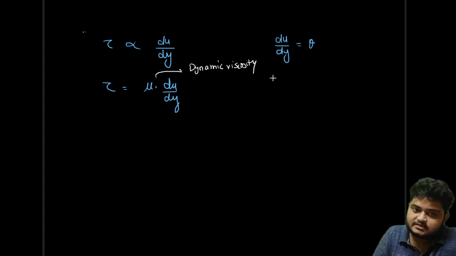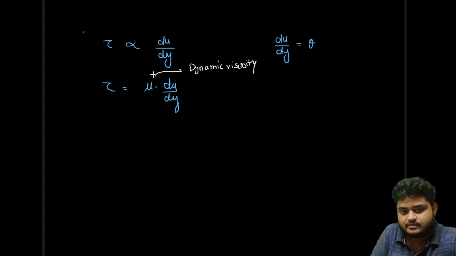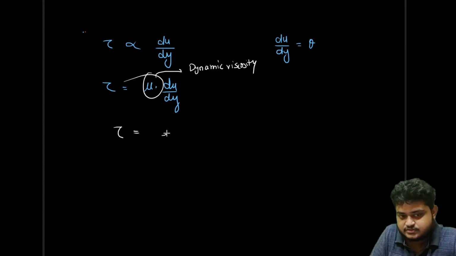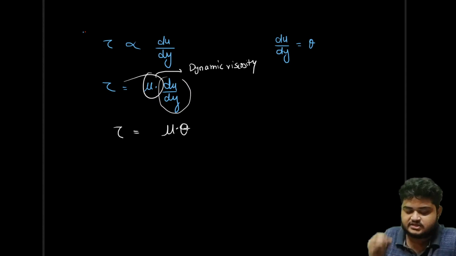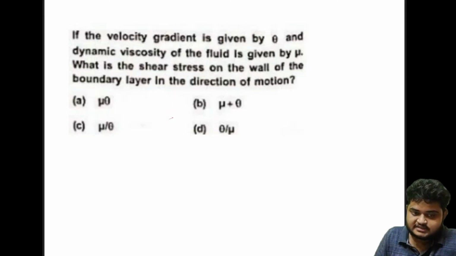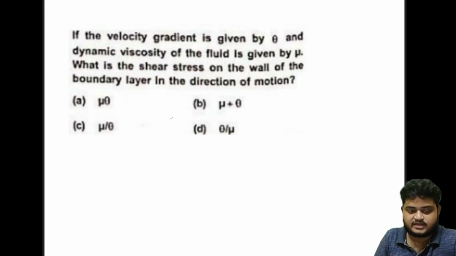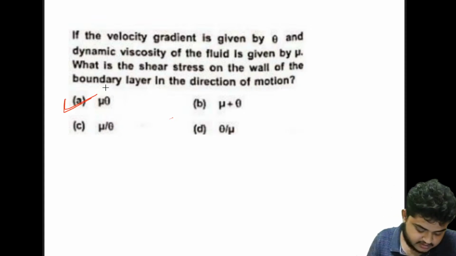Here it is already given that the dynamic viscosity is mu, so we already got mu, okay? So shear stress is equal to mu and this velocity gradient is given as theta. So let us check the options. Yes, option A will be the right answer. Mu into theta will be the right answer.